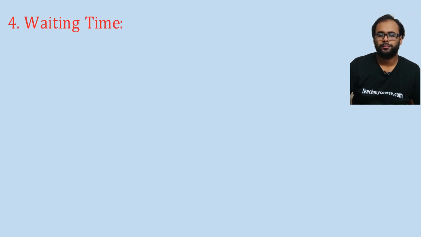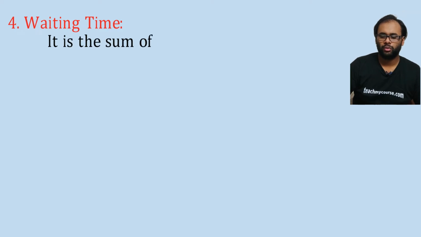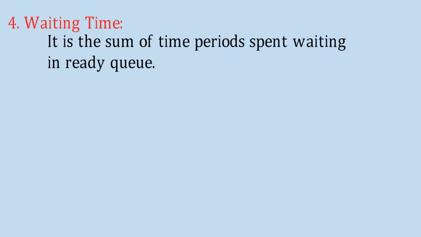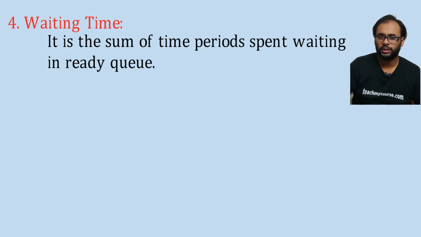Next we have waiting time. It is the sum of time periods spent waiting in the ready queue. As we have seen in the previous video, before the CPU's control gets transferred to a process, the processes are waiting in the ready queue inside RAM.